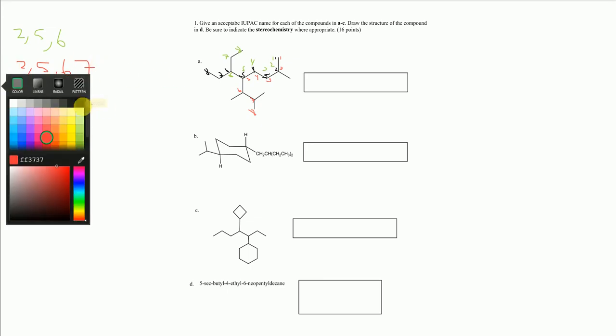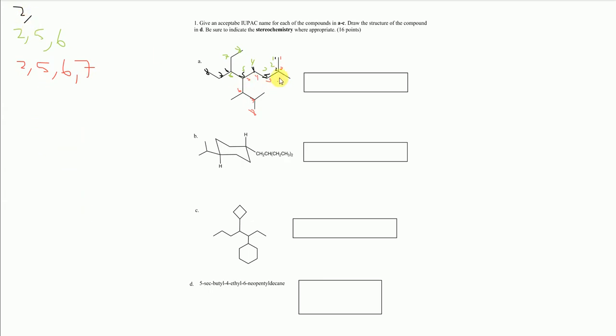And then for the black path, I have 1 on 2, 1 on 5, and then 1 on 6. Alright, so red path wins. These are all 8 carbons long, so the red path is the one that I'm going to choose.